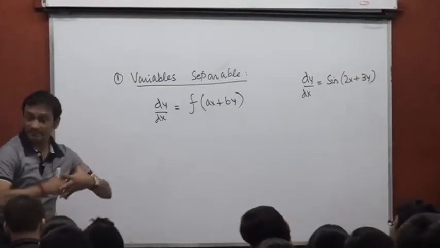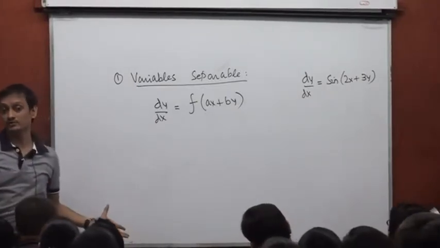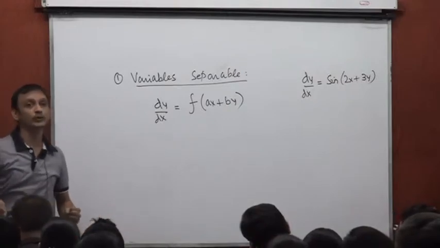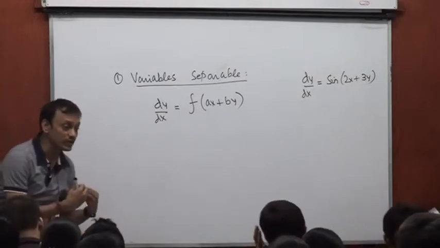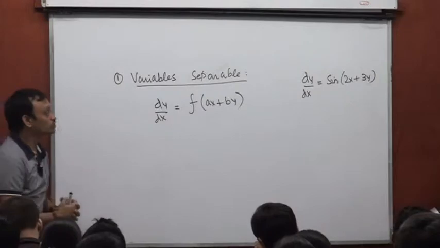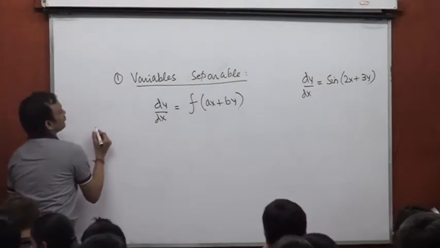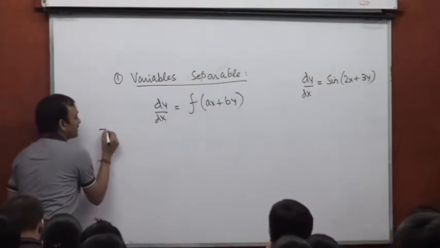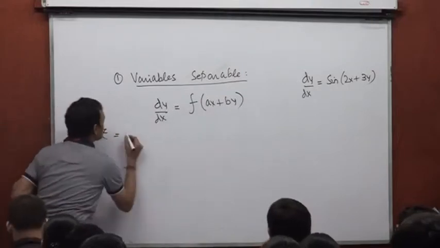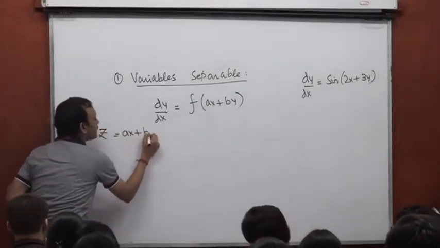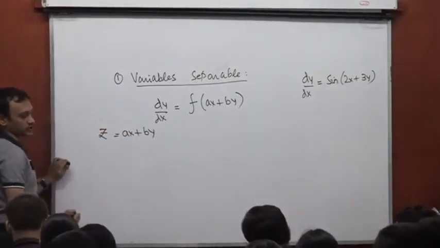The variables x and y by themselves are not separable right away. But what you could do is bring in another variable. Call it z, which is ax plus by, and constitute a new differential equation.